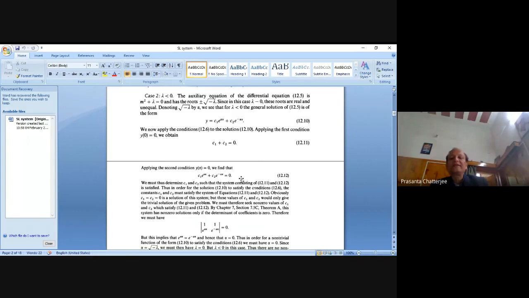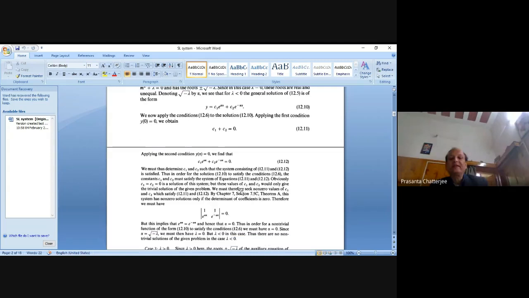So the condition under which the non-trivial solution of the matrix exists is that the determinant of the matrix should be equal to 0. Hence the condition is the determinant of 1, 1, e to the power alpha pi, e to the power minus alpha pi equal to 0, or e to the power alpha pi equal to e to the power minus alpha pi, or alpha equal to 0.